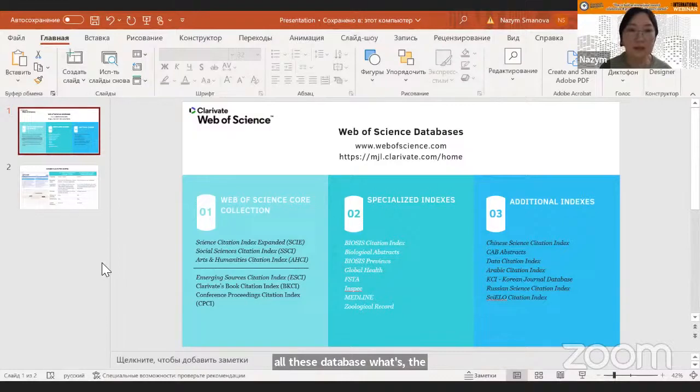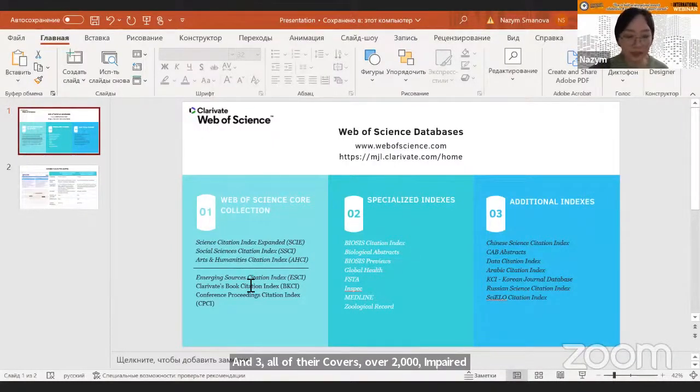Traditionally, the Core Collection includes the Science Citation Index, Social Science Citation Index, and Arts and Humanities Citation Index. And all of them cover over 12,000 high impact journals worldwide.